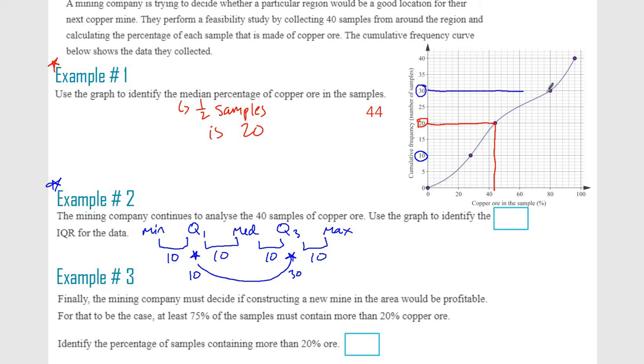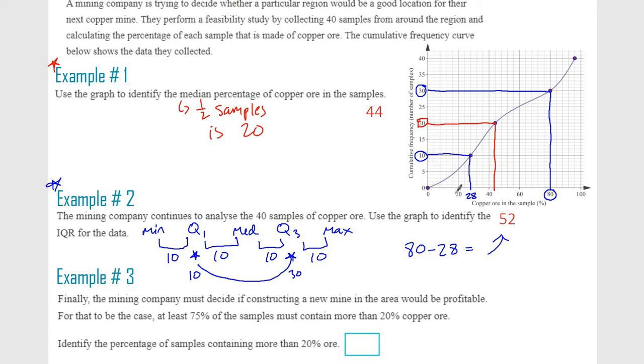We're looking at the values here. When we draw this line, I believe that's 20, these go up by 4, so that's 28. And then this one is 80. So the interquartile range would be 80 minus 28, which should give us 52. Let's see if I'm right. Bam!